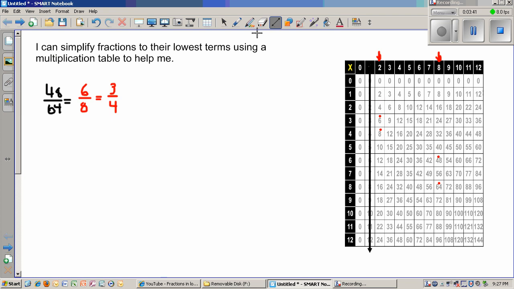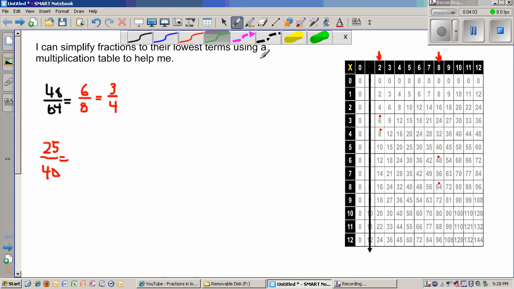Let's try one more. How about 25/40ths? Let's try 25/40ths. Now 25/40ths will equal a fraction that we can simplify into lowest terms. I'll use green here.